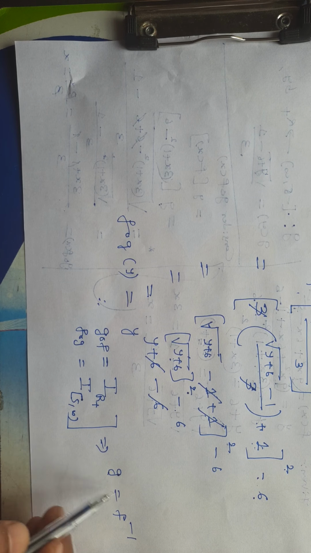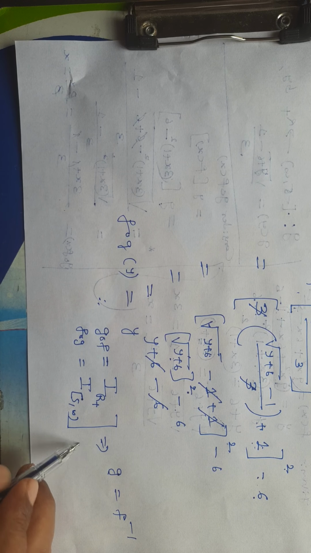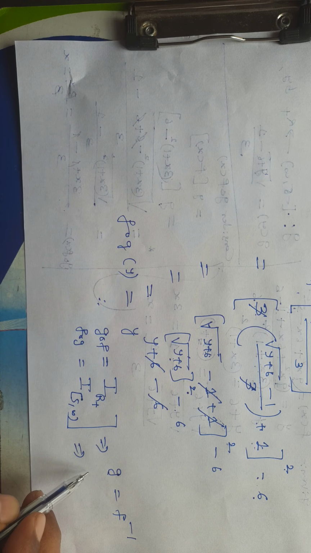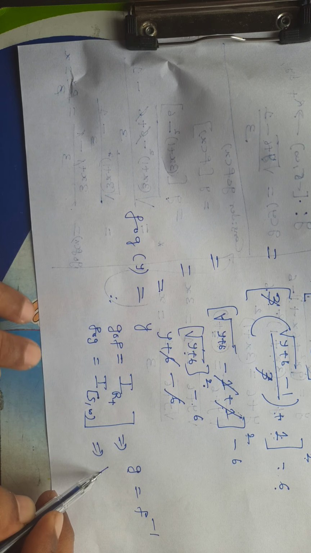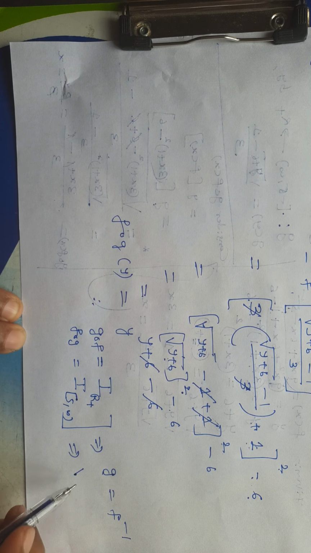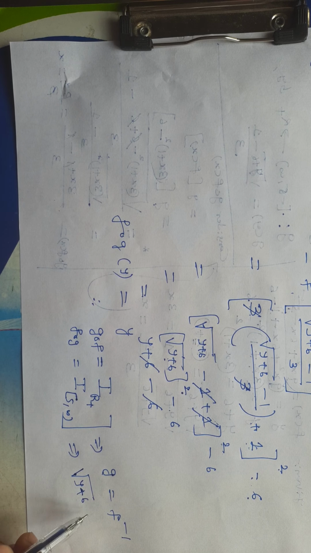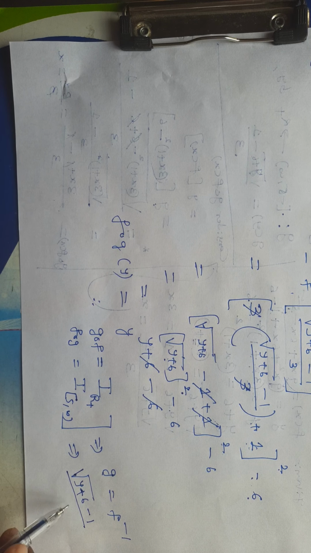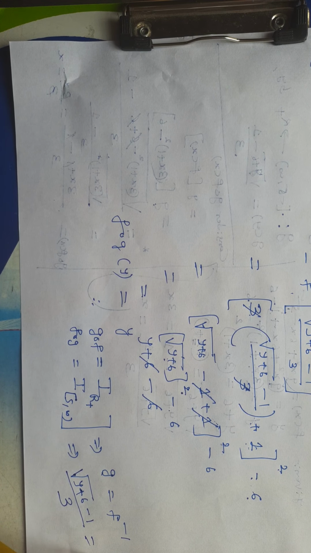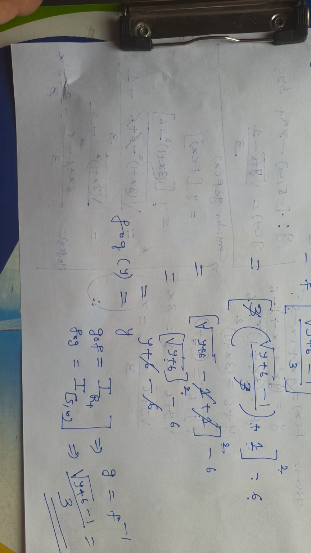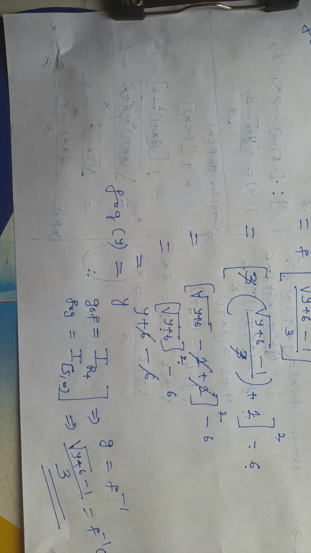So what was our g here? So g means square root of y plus 6 minus 1 divided by 3. This is our inverse. So you can go through this problem and work it out in your notebook.